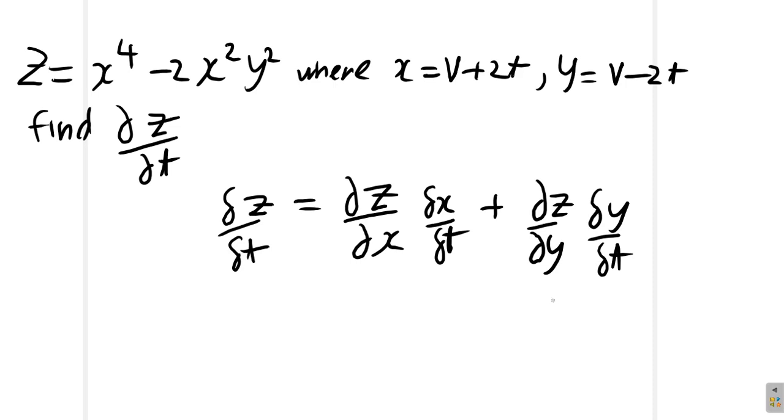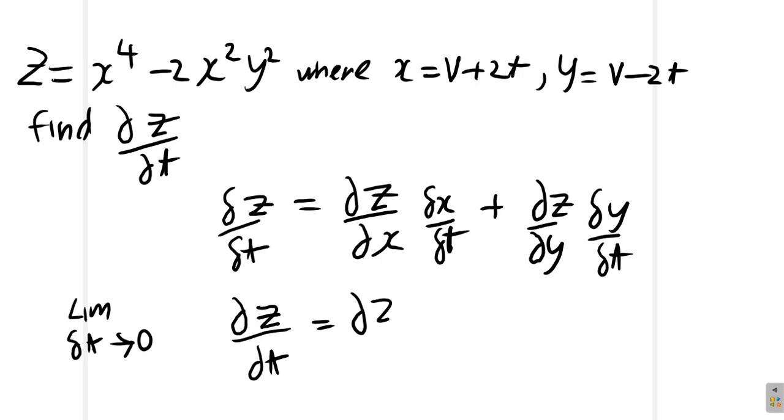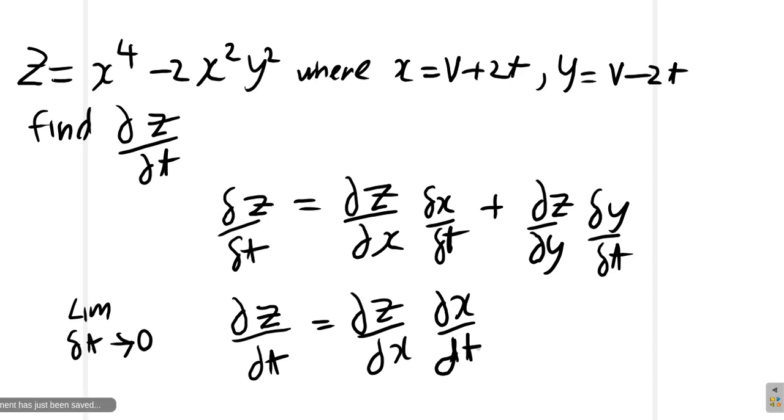Now here, take the limit as the change in time gets smaller and smaller and tends to 0. Within that limit, all of these deltas, which mean change, become derivatives. So the partial derivative of z with respect to time is equal to the partial derivative of z with respect to x times the partial derivative of x with respect to, well, t.